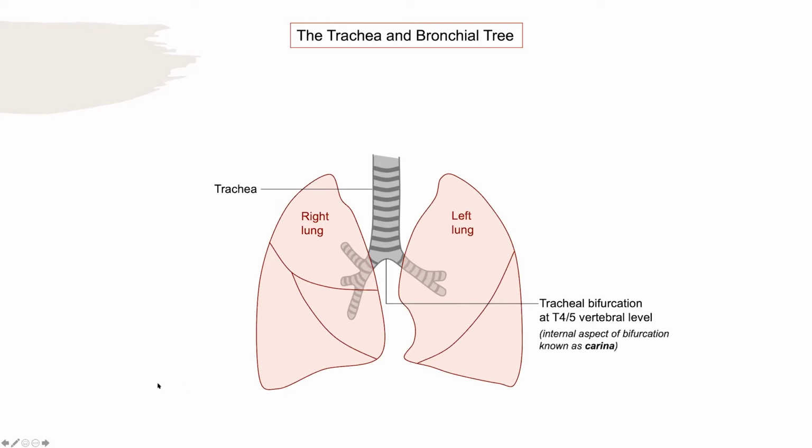It has its clinical significance, and I'll be coming to that. Look at the right lung: the right principal bronchus is wider, shorter, and less angular, and the left one is narrower.